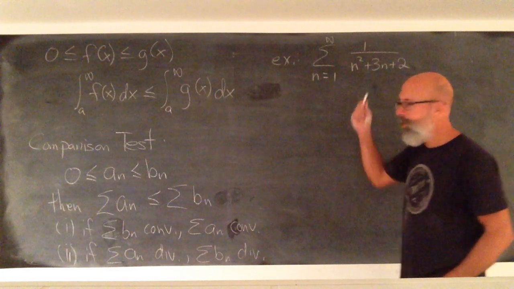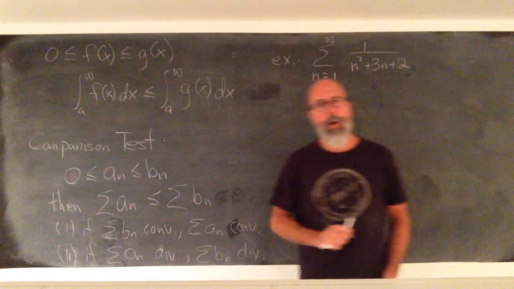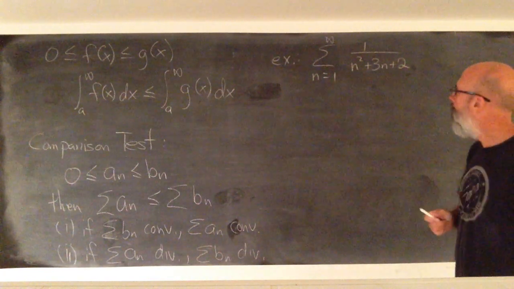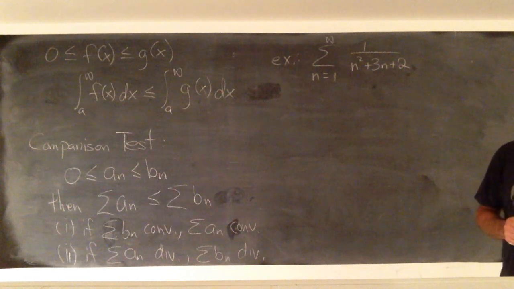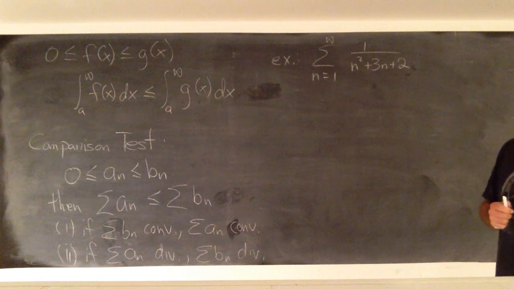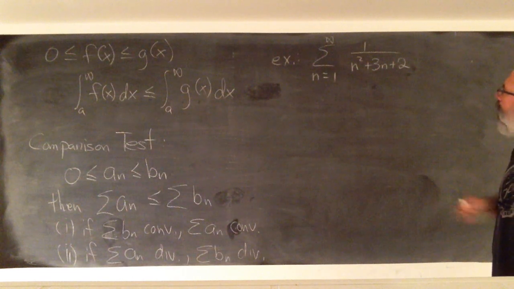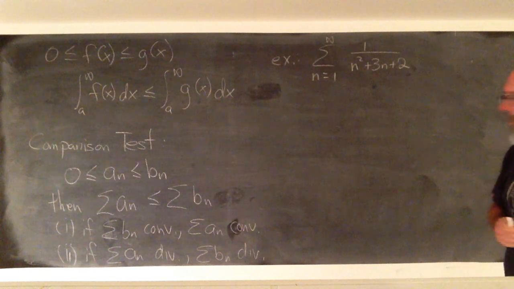If you think that this series diverges, then you need to find a smaller one which diverges as well. Well, let's have a look at this and ask ourselves, what can we think? What are our thoughts on this function?